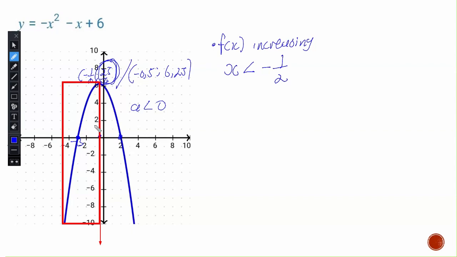Because it's increasing from here going all the way back. But then where is your f of x decreasing? This time around, it is decreasing when it's going in that direction, right? So the more you increase in x values, your y values decrease. But here, the more you decrease in your x values, the y values increase. And then we need to say f of x is decreasing when x is greater than negative 1 over 2, right?